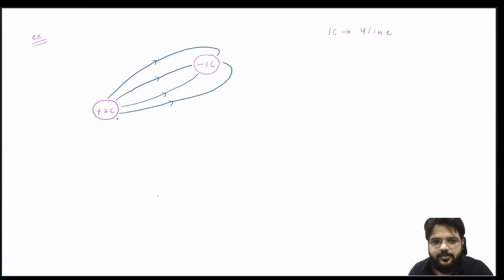Here we need space, everyone, so I am taking the -1 coulomb charge here.